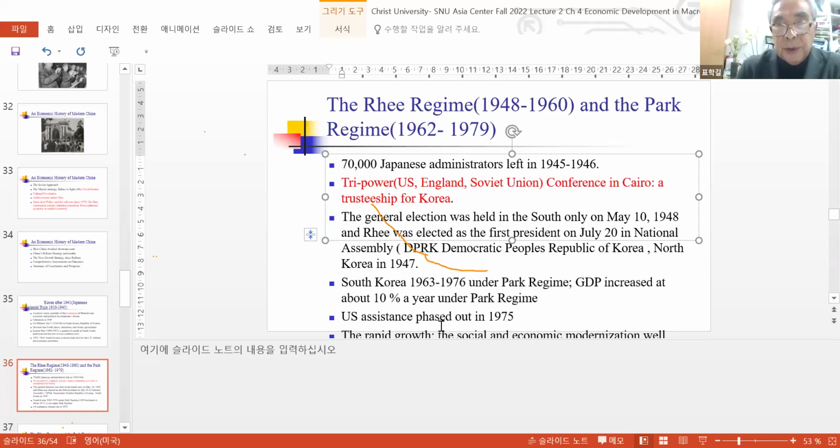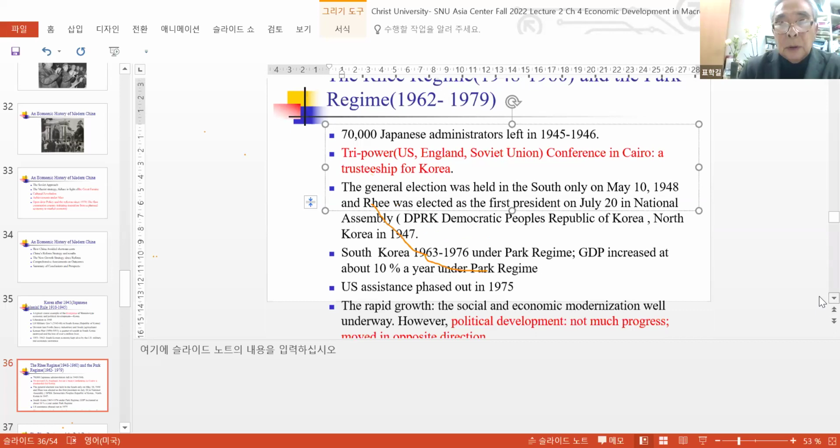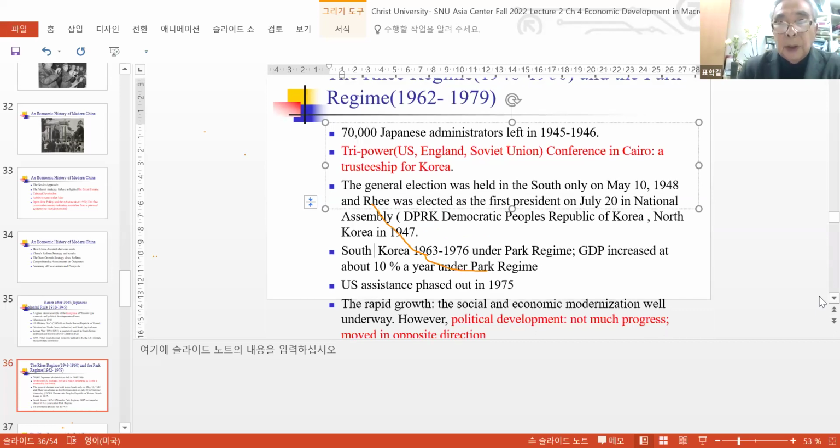U.S. assistance phased out in 1945. So the rapid growth, the social and economic modernization, well, underway. However, political development, not much progress, moves in opposite direction.